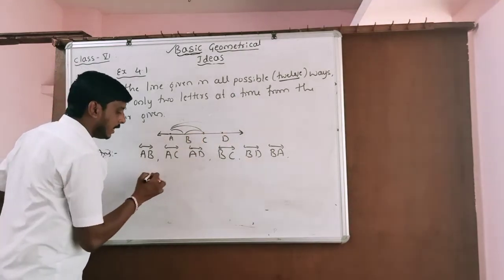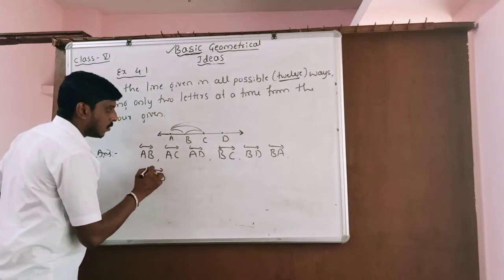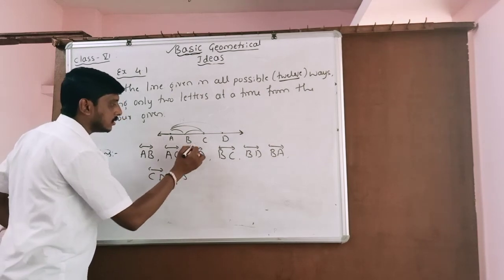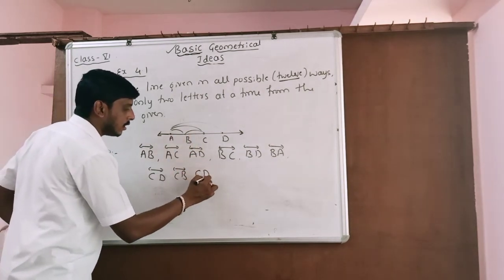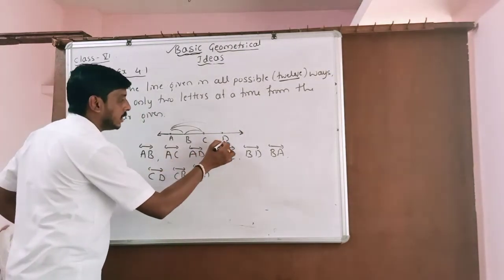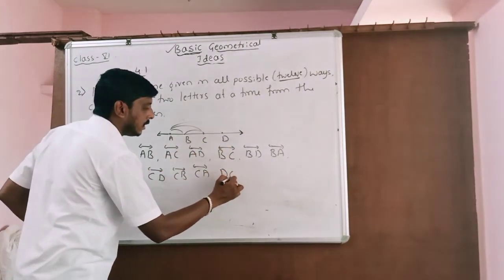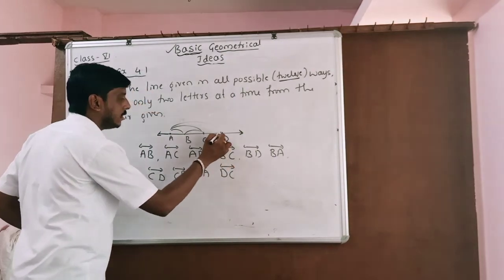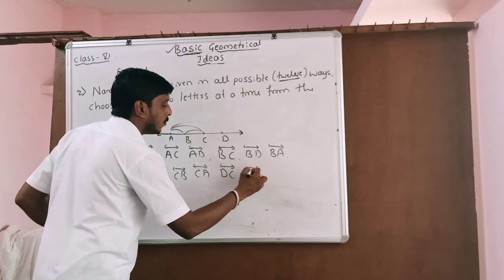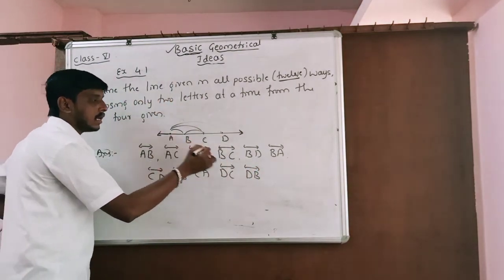Like that, C to D. C to D, 1 line, and reverse C to B, another line, and C to A, another line. Okay, so next, last one, D. D to C, 1 line, and D to B, 1 line, and D to A, another line.